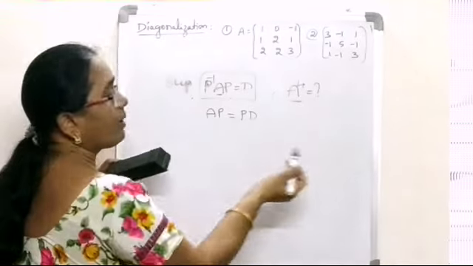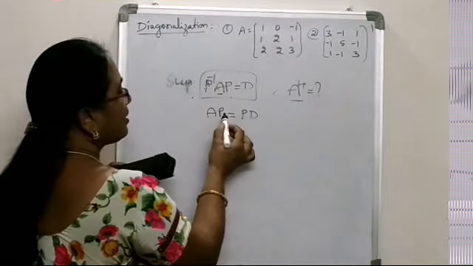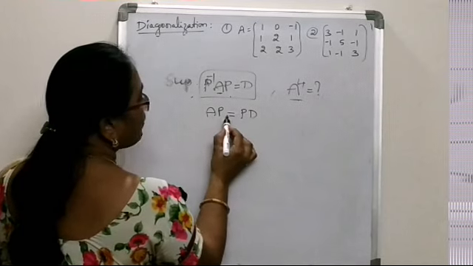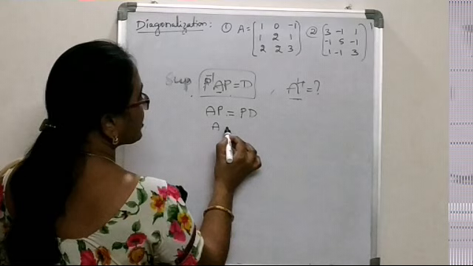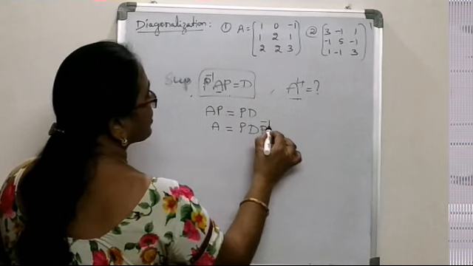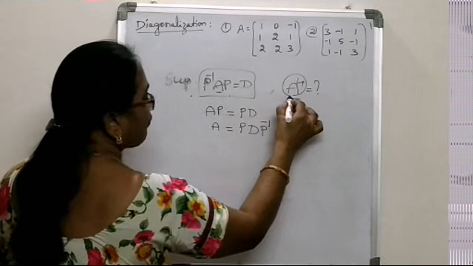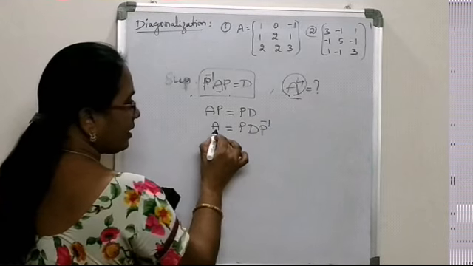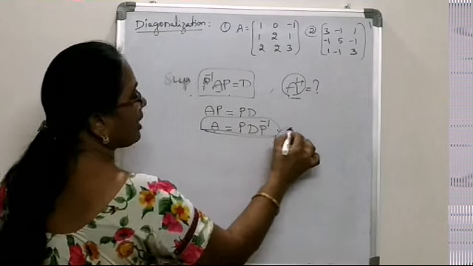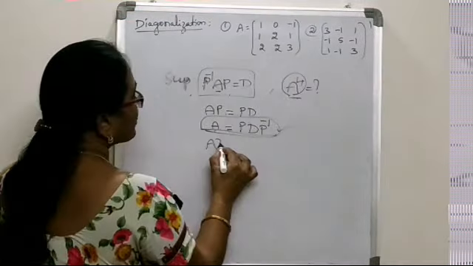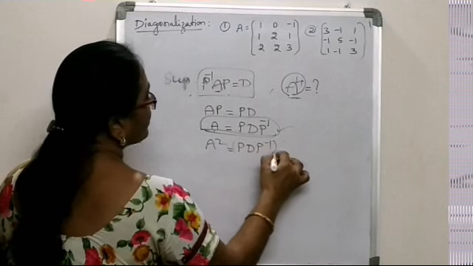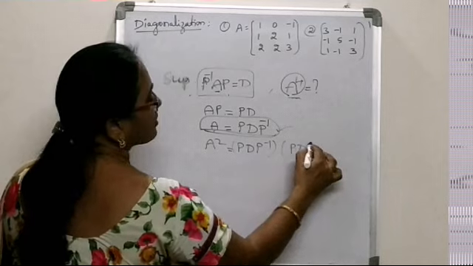When we post-multiply on both sides, on the right-hand side, with P inverse, P into P inverse is I, and it reduces to A equal to P D P inverse. To get the powers, we multiply with A on both sides. We get A square equal to P D P inverse into P D P inverse.